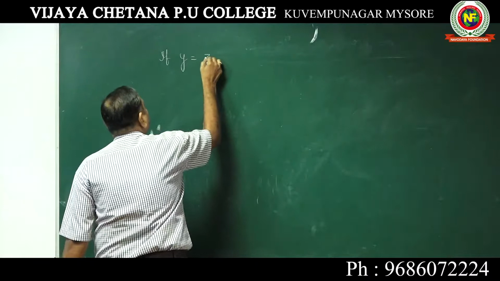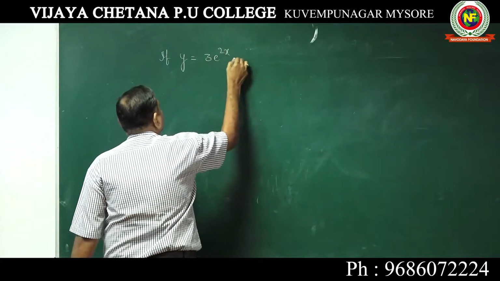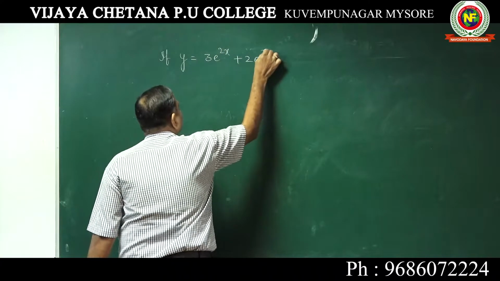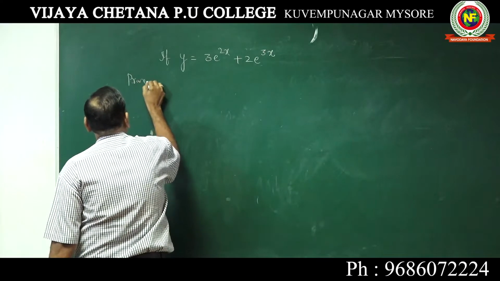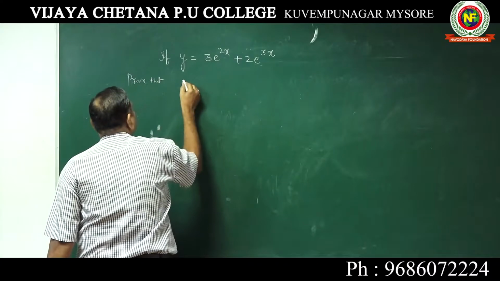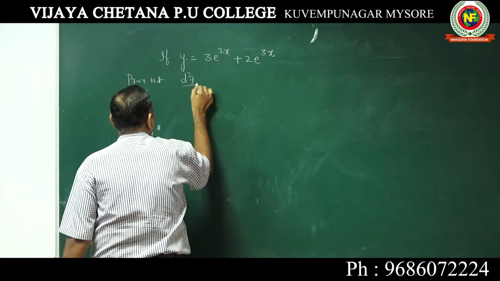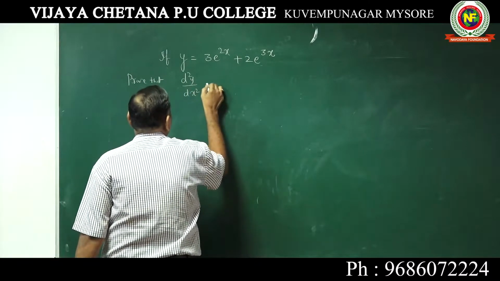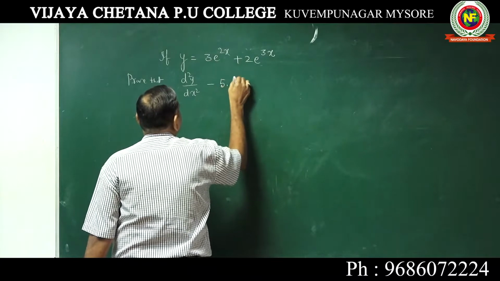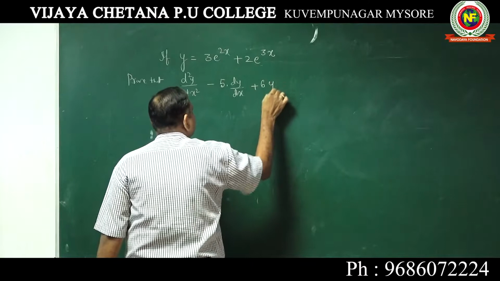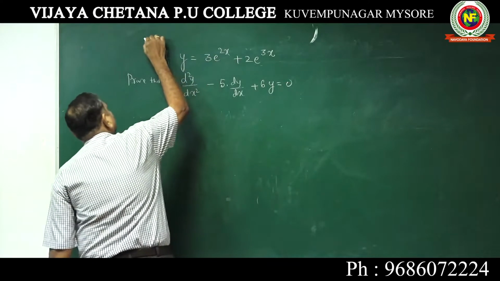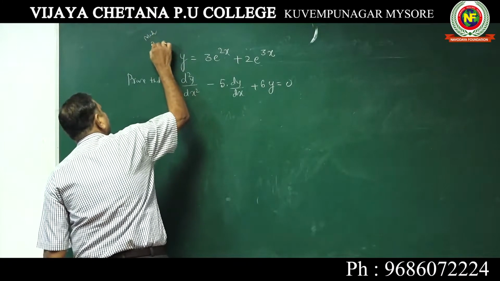If y is equal to 3 e to the power of 2x plus 2 e to the power of 3x, prove that d square y over dx square minus 5 dy by dx plus 6y is equal to 0. Very, very important. You may get it in March 2021.